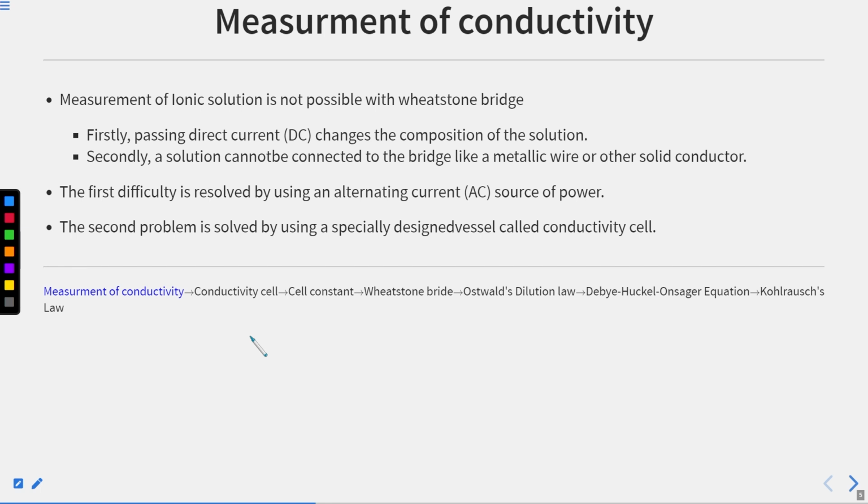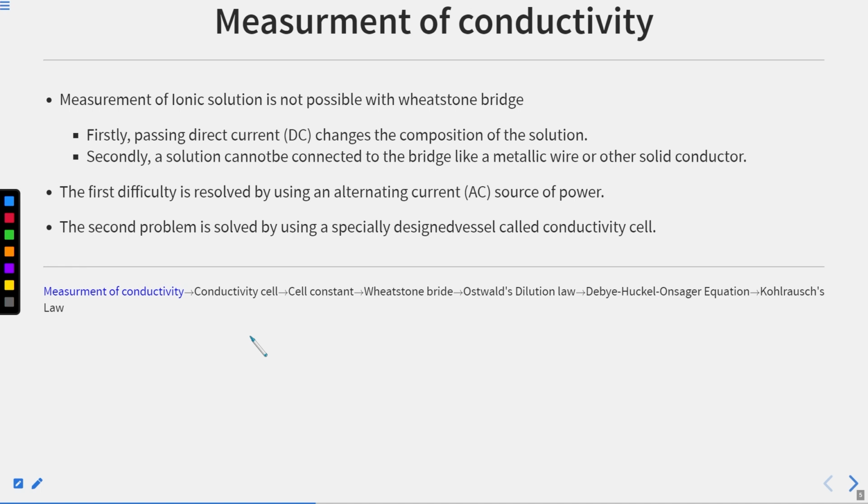We have studied in physics that we use, say, a Wheatstone bridge. You must have seen that Wheatstone bridge. We will study this thing later on also. We use that Wheatstone bridge to do our resistance calculation. Then we can use it to calculate resistivity.